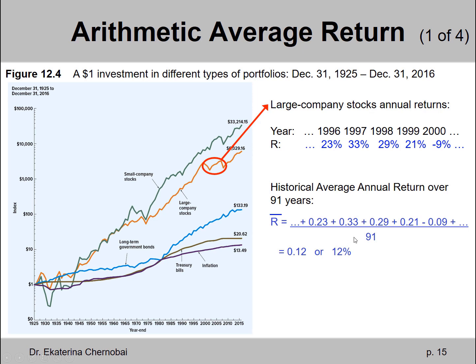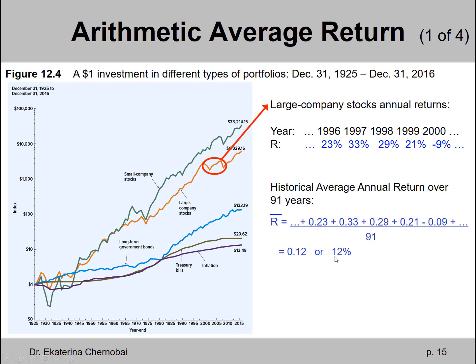So 12% is basically given. The book shows how it's calculated, and this is basically summing up 91 different numbers and dividing the sum by 91. So you don't need to ever calculate it, because this is the historical result. It's already done, it's already known.